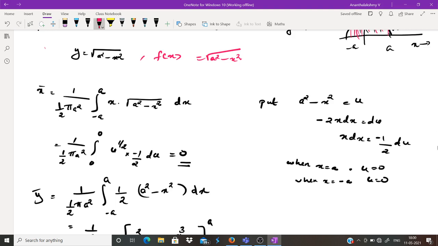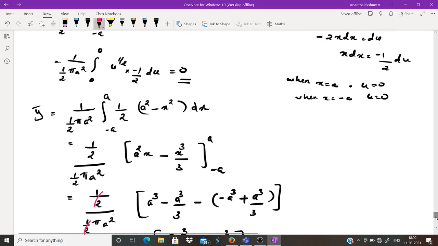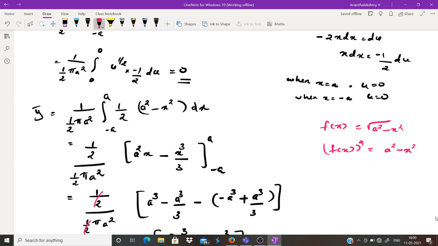Next you have to find y bar using the formula 1 by area of R into integral a to b half times f of x the whole square dx. Here f of x is root of a square minus x square, so f of x the whole square is a square minus x square.